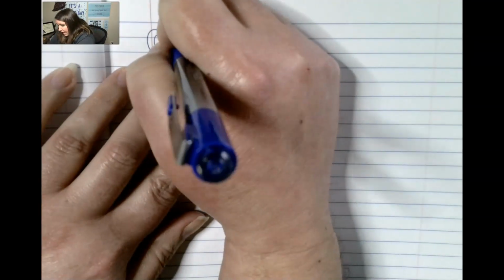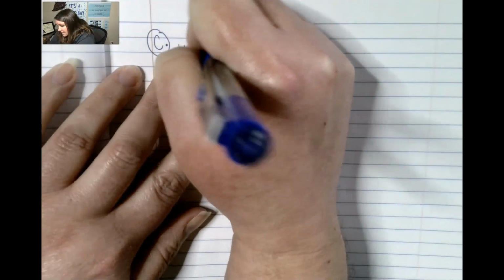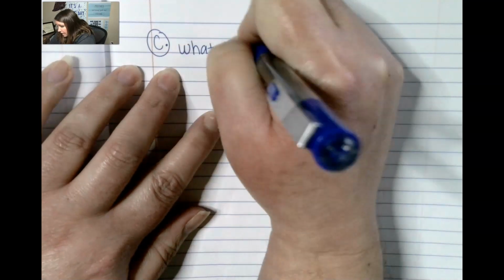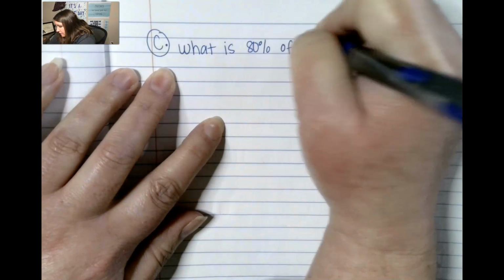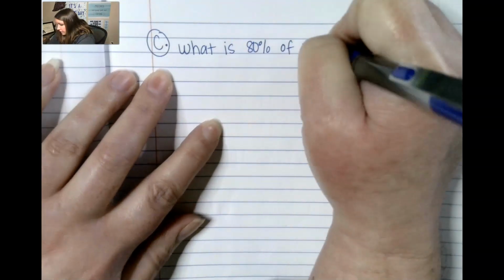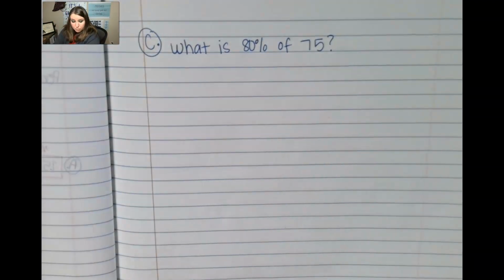We're going to box up our problem, find the same proportion, and solve the numbers. Okay, it wants to know 80% of 75. So we're going to add in the front, what is 80% of 75? Okay, we're ready to box up the problem.